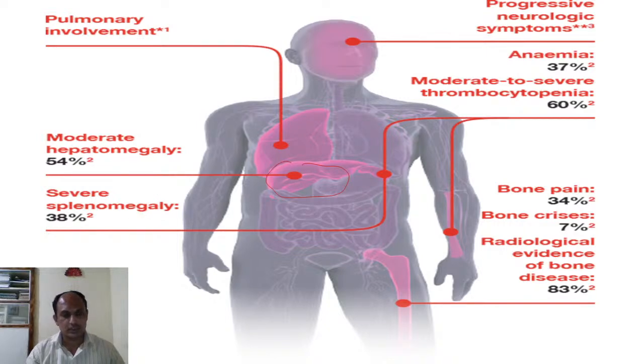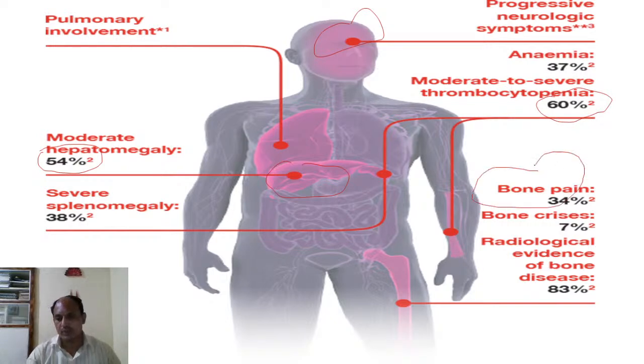See, this hepatomegaly or swelling of the liver occurs in 54% of individuals affected by type 1 Gaucher disease. Then splenomegaly, then later progressive neurologic symptoms also occur. Then anemia, then moderate to severe thrombocytopenia, which occurs in 60% of individuals suffering from type 1 disease.